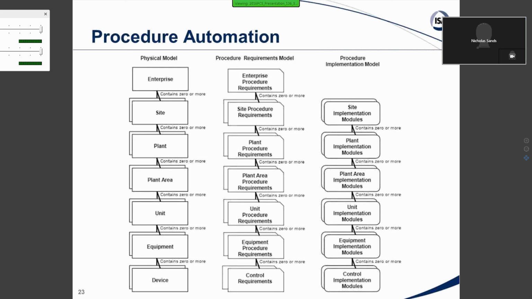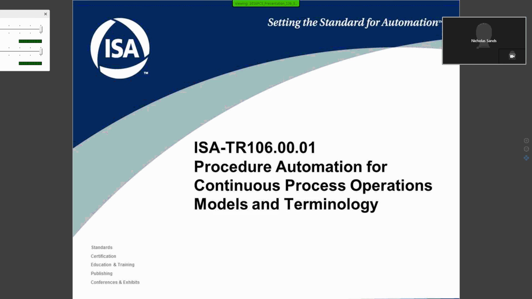Any idea what the number of this one is? All right, someone will come up with it, I'm sure. Someone on mute? It's the ISA 106 committee.